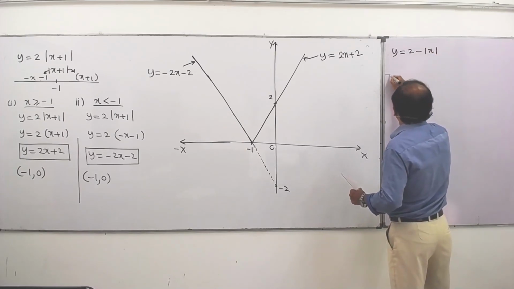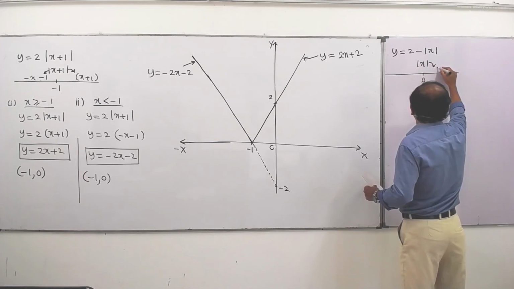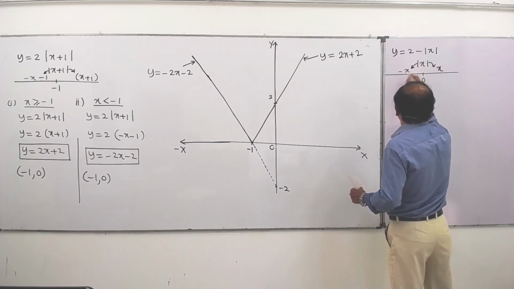Right. So then mod x we can define. That changes at 0. Mod x is 0 at 0, and on the right of 0, mod x will take x. On the left of 0, mod x will take minus x.